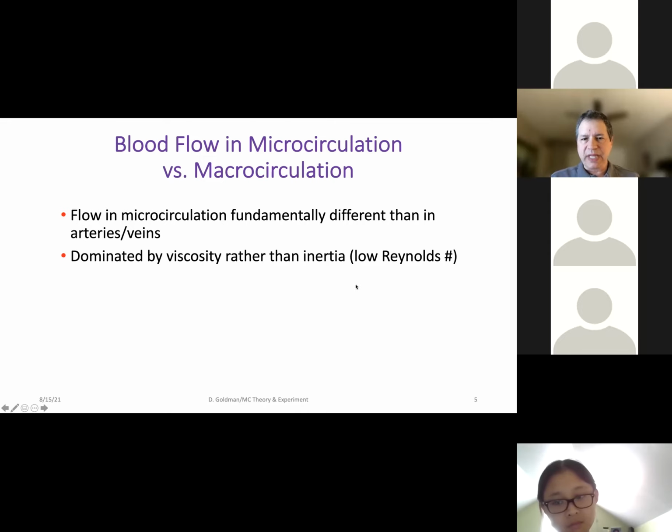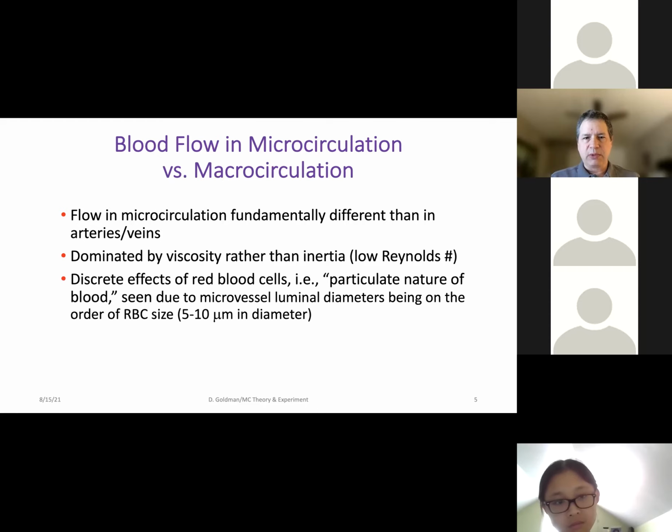Even though there's complexity, viscosity is very important. And there's something called the particulate nature of blood. There are a lot of different objects in the blood. There are white cells, there are platelets, but the flow effects are mostly determined by having liquid plasma and then the red blood cells. So when we say discrete cell effects, we mean red blood cell effects in the microcirculation.